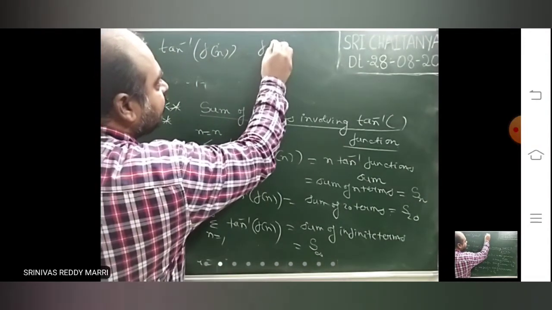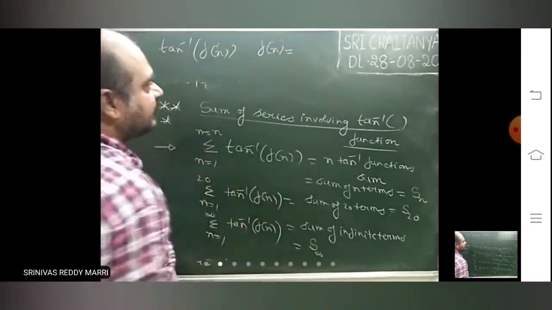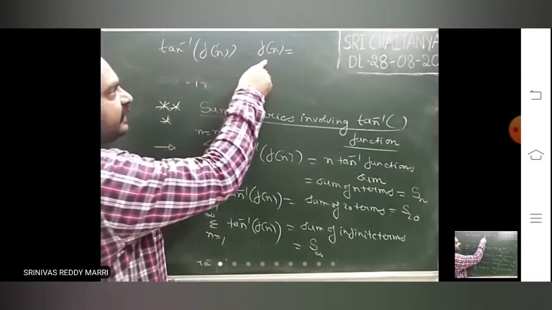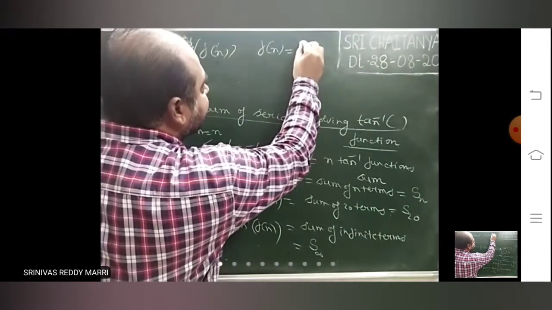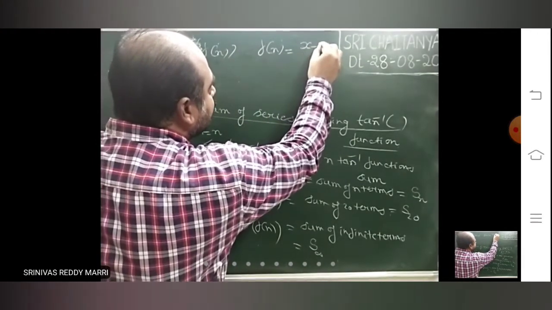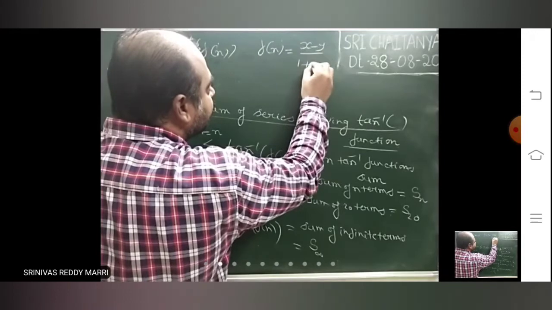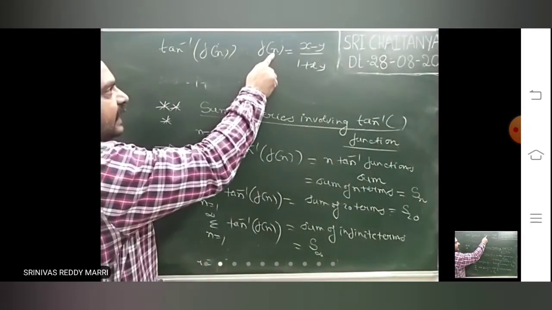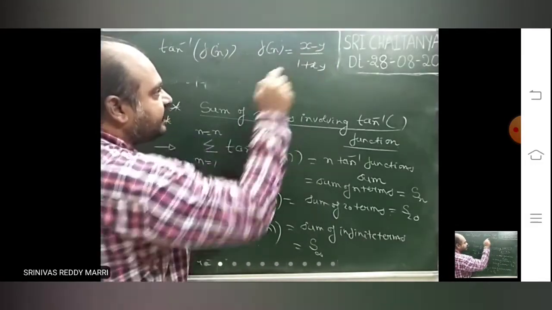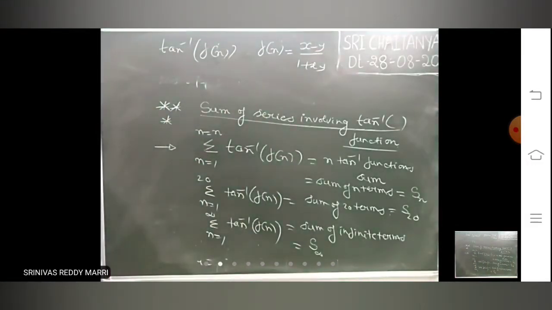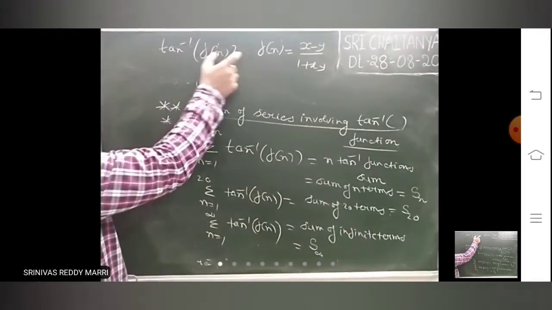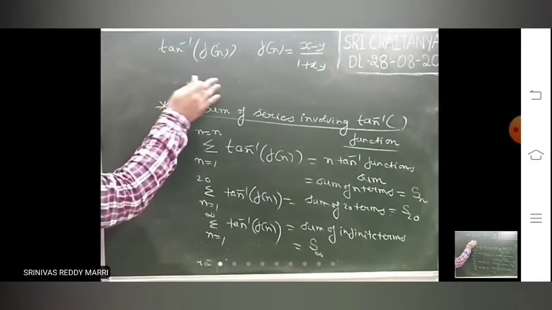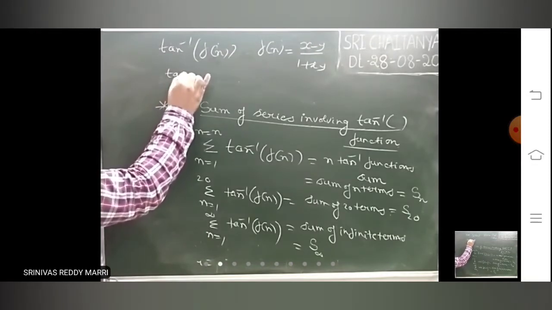You take f of n, whatever it is, and convert it into the form x minus y divided by 1 plus xy. Whatever the function is, you modify it and bring it to the form x minus y divided by 1 plus xy, and substitute here.